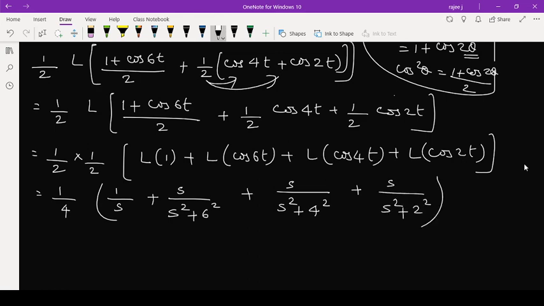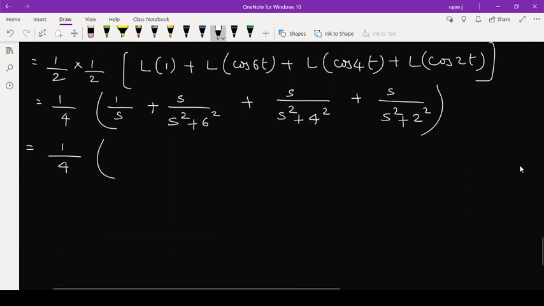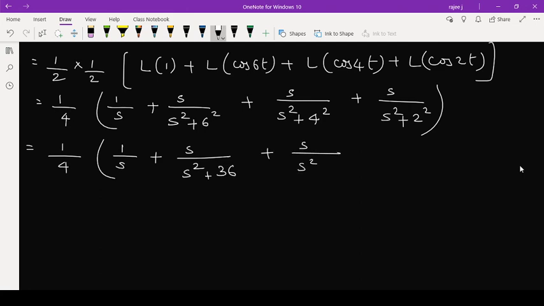Now that is equal to 1 by 4 into 1 by S plus S upon S square plus 36, since 6 square is 36, plus S upon S square plus 16, plus S upon S square plus 4.